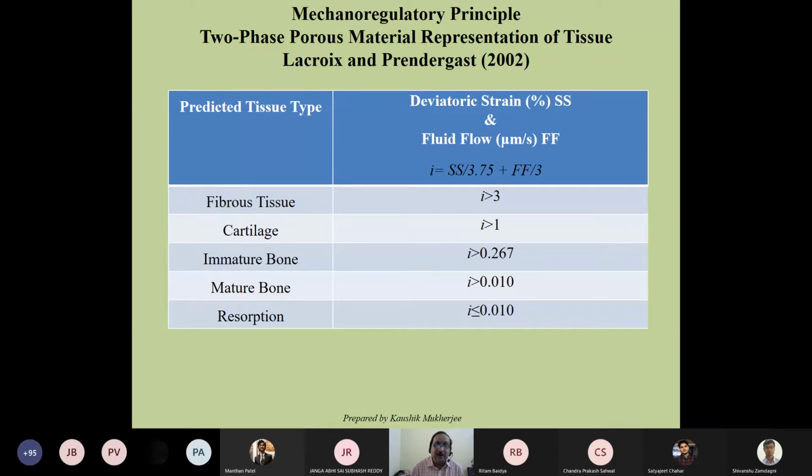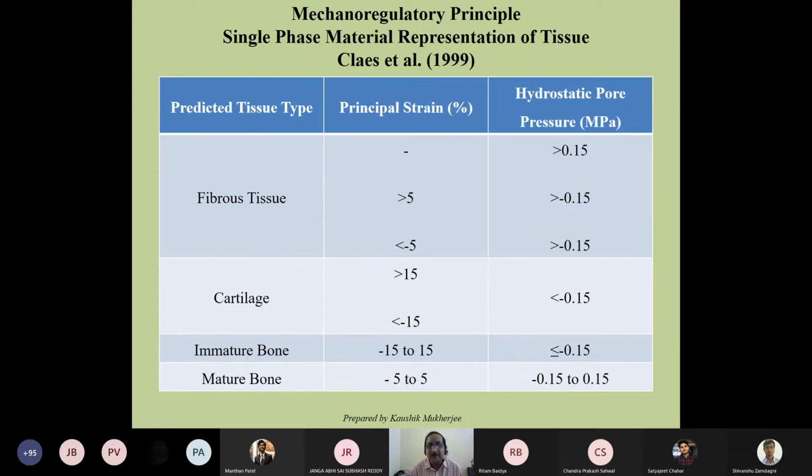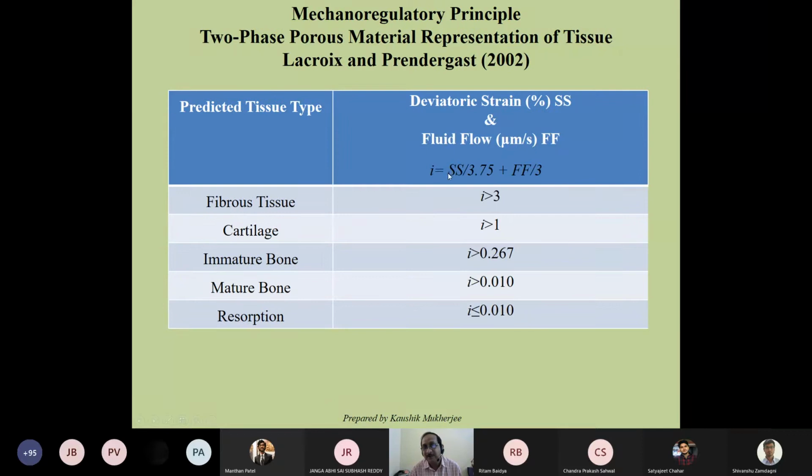Now, if you consider a two-phase porous material representation of tissue, then you need to calculate an index I, which combines the deviatoric strain and the fluid flow, both. Okay, it doesn't have direct values like principal strain and hydrostatic pressure. It has an index that combines deviatoric strain and fluid flow.